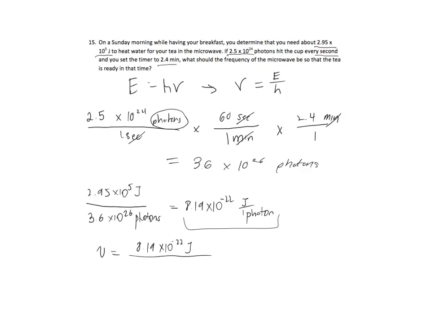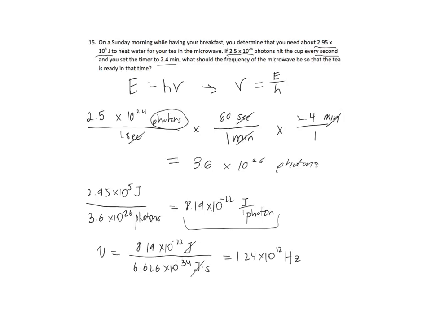And this is just a constant, it's 6.626 times 10 to the negative 34 joules second. And we can see that the joules will cancel out and we will be left with units of 1 over second, which also equals hertz. So the answer would be 1.24 times 10 to the 12 hertz.